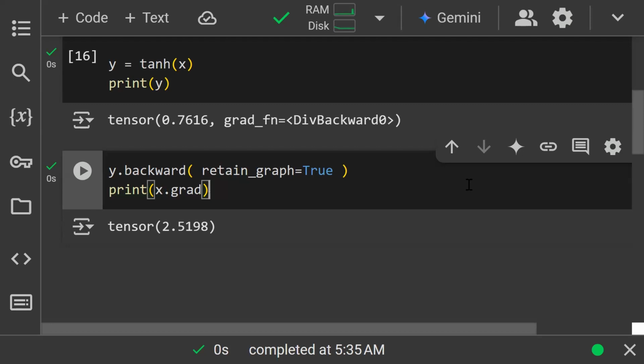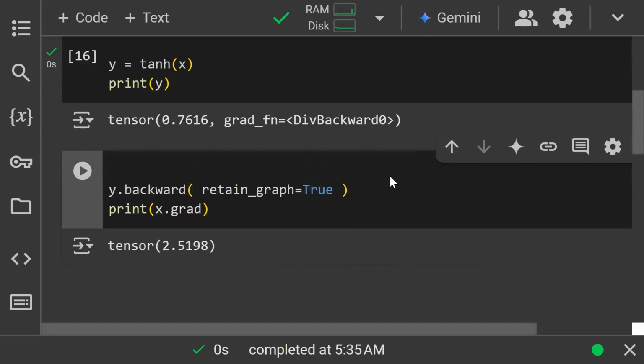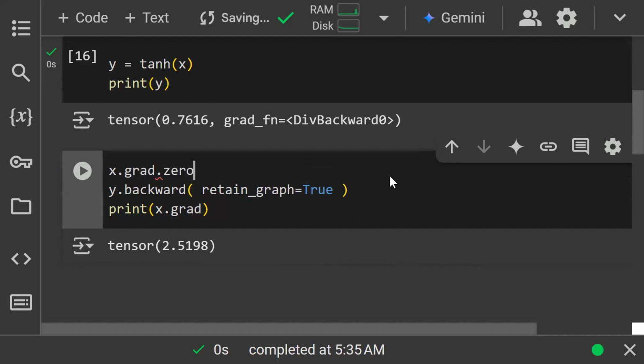And then you start to accumulate like this. Because of that, what you almost always have to do is to zero out the gradient of x.